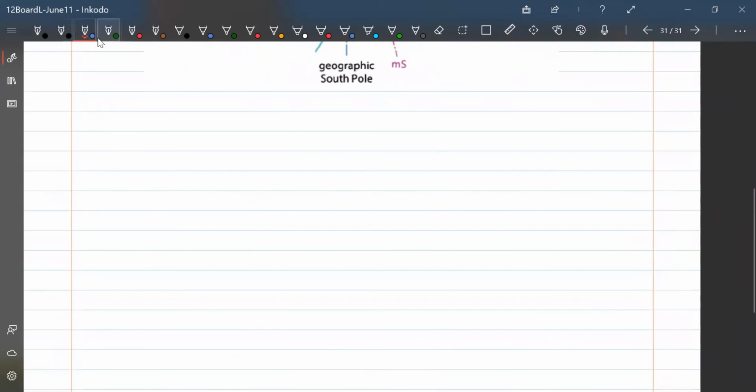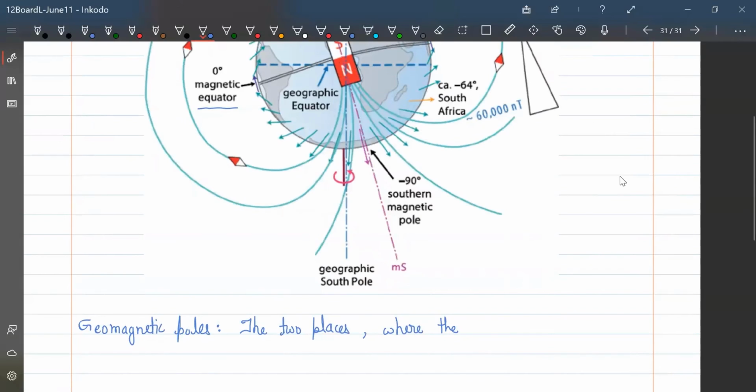So first is geomagnetic poles. They will be defined like this. The two places where the compass needle... I think you know about the compass needle. It looks like this.